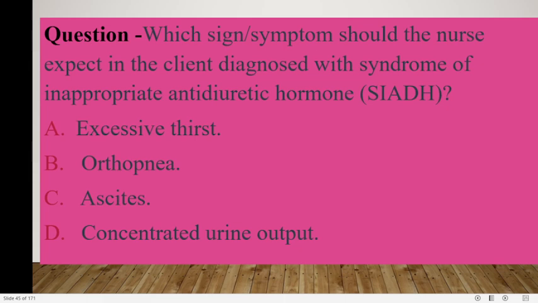Which sign and symptom should the nurse expect in a client diagnosed with syndrome of inappropriate ADH? Excessive thirst, orthopnea, ascites, concentrated urine.